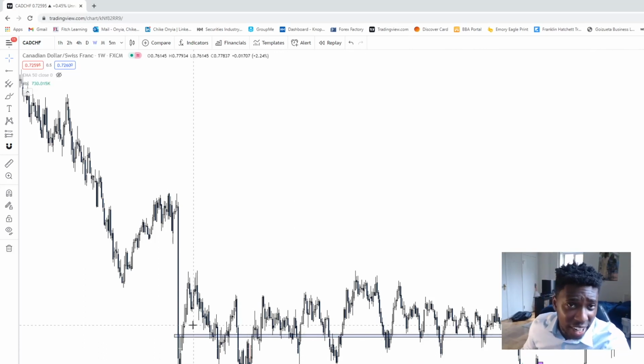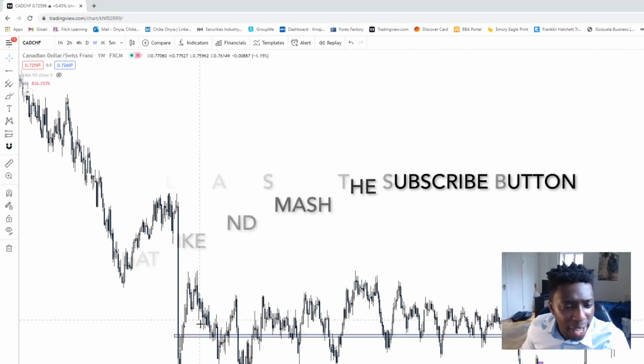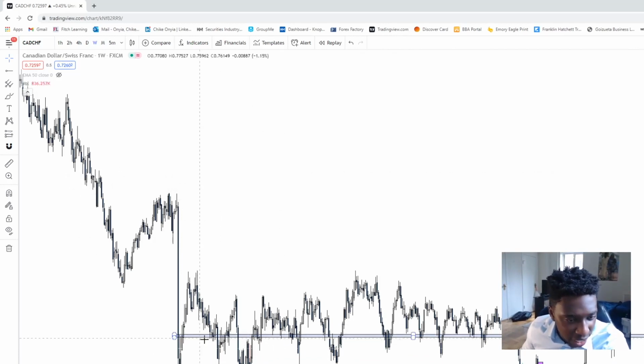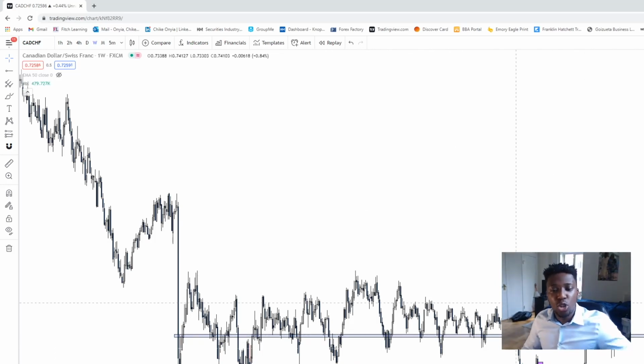But the major thing here ICT teaches is that when you see that this graph is bouncing off this point here, look, 1 2 3 4 5 6 7 8 9 10 11 12 13 14, whenever it comes to this point, it usually bounces back to where it came from, unless it really breaks through it.